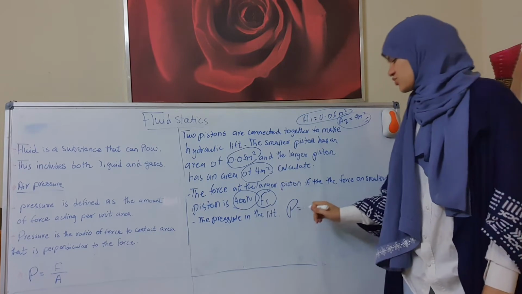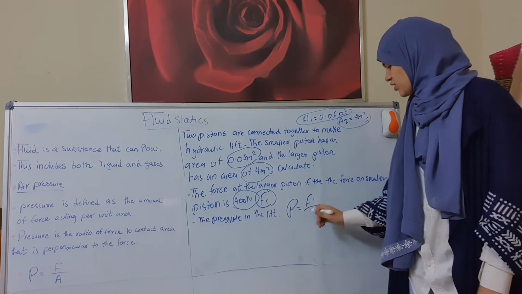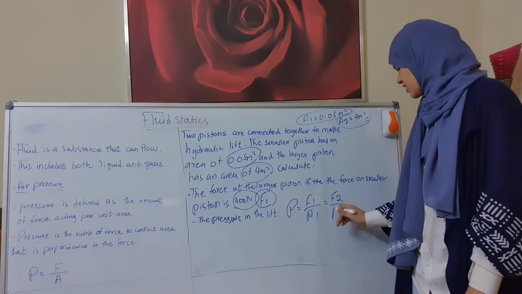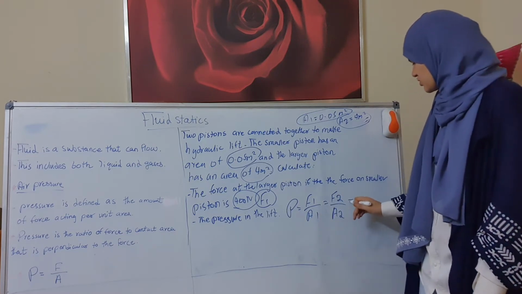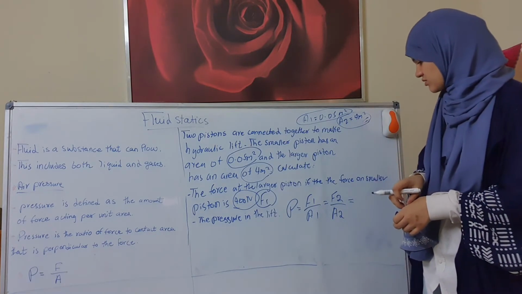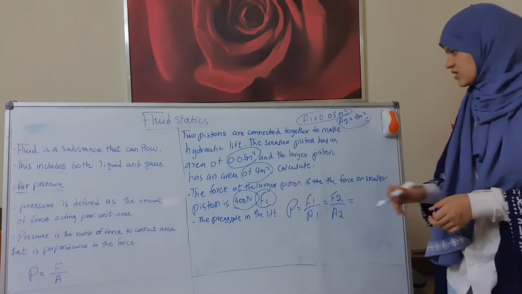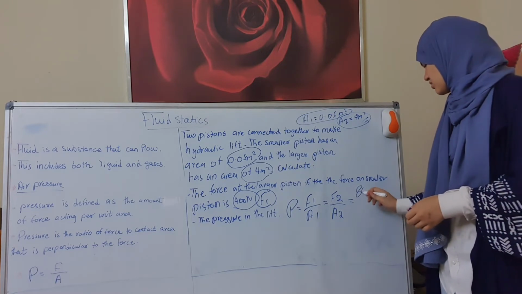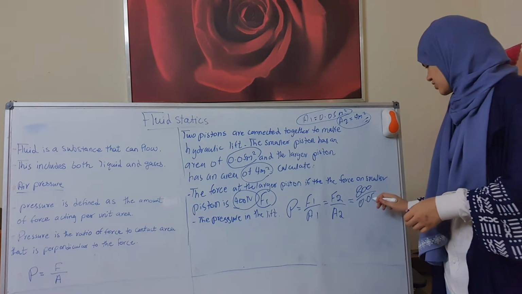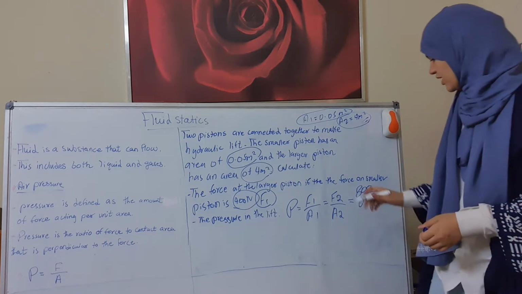P is equal to F1 over A1 is equal to F2 over A2. So that means what we have here, 800 over 0.05. Why 800?